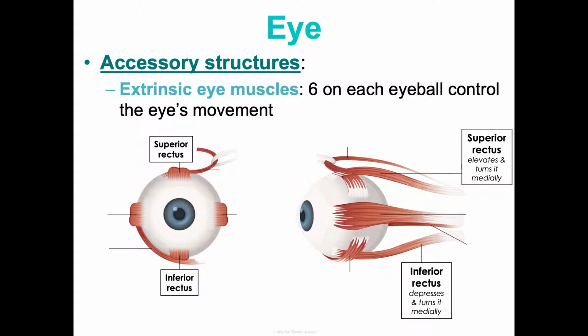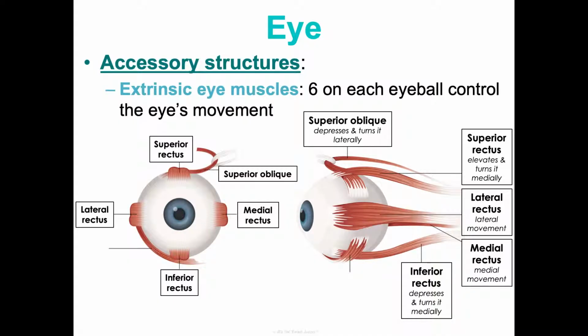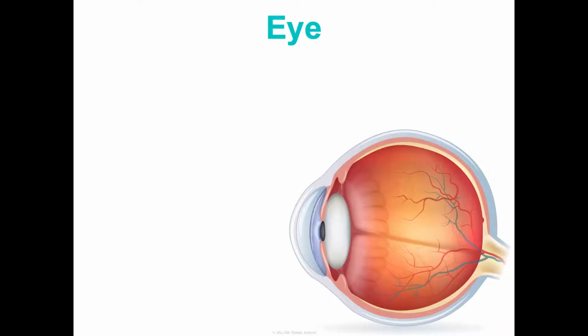You've got the inferior rectus, which depresses and turns the eye medially. The lateral rectus, which controls lateral movements, medial rectus, which controls medial movements, the superior oblique, which depresses and turns it laterally, and then the inferior oblique, which elevates and turns it laterally. So those are the different muscles that control your eye.